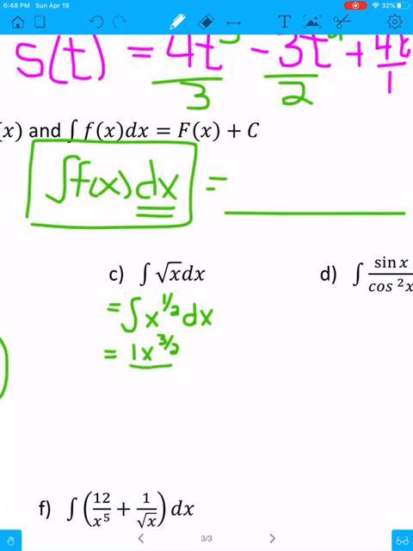And then I'm going to divide by 3/2 plus c. When I divide by 3/2, it's the same as multiplying by 2/3. So I'm going to get 2/3 times 1 x to the 3/2 plus c. 2/3 times 1 is just 2/3 x to the 3/2 plus c.